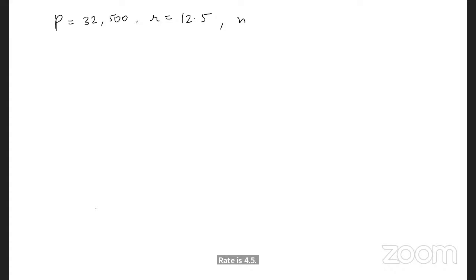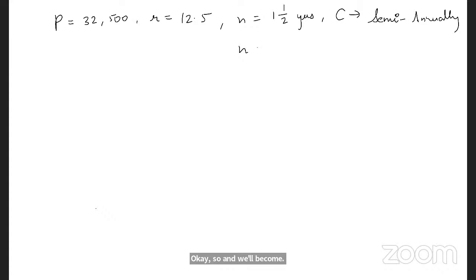N is 1.5 years, compounded semi-annually. Okay, so N will become how much? N will become 3 and R will become 6.25. Very good, 3, and R will become 6.25.